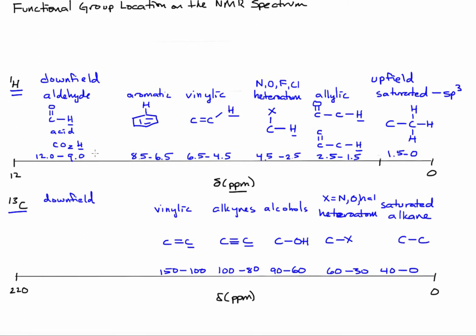Again, kind of mimicking what we saw in the proton NMR, we're going to now hit the aromatic. And what I mean by aromatic is a benzene ring. So a carbon in a benzene ring will occur from pretty much the same region, 150 to 100. They're both sp2 hybridized.